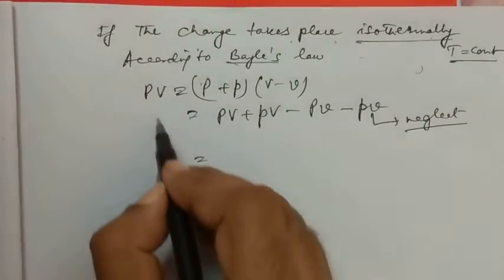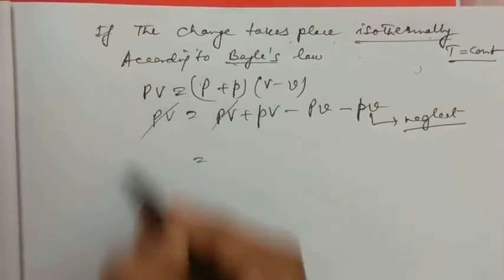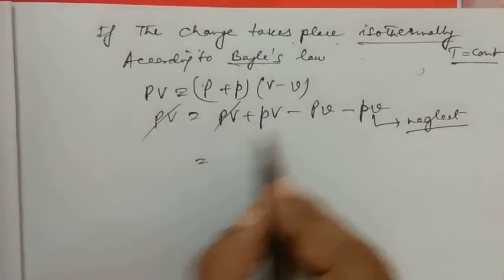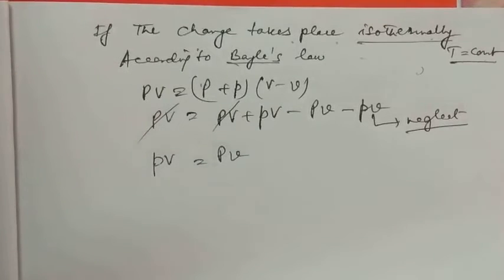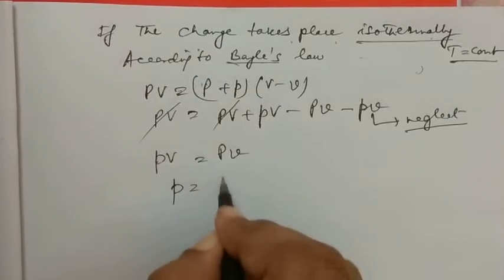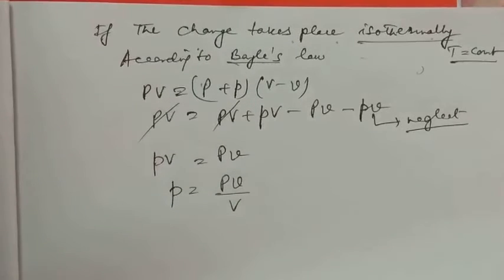Another thing is PV gets cancelled from both sides, so you can write P small v is equal to V small p. From here we have to find out the value of small p. Small p is equal to P small v by V.